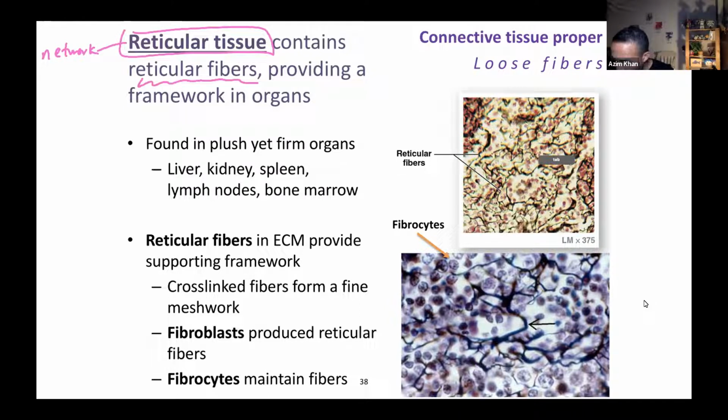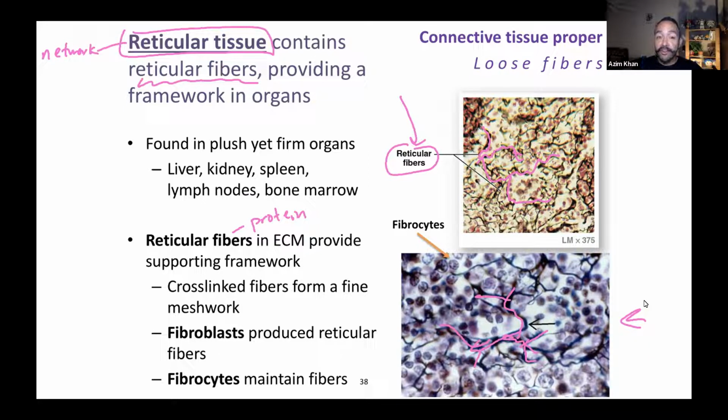Look at the histology over here. Reticular fibers are these dark branching protein fibers. More in this photomicrograph down here, dark branching protein fibers.